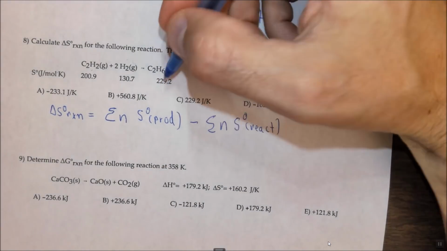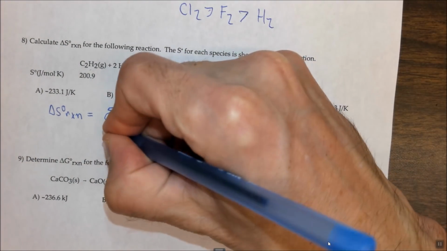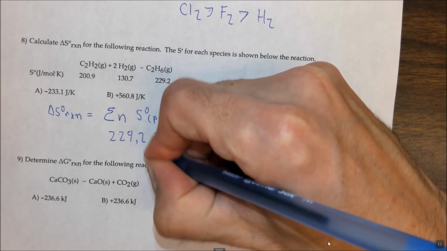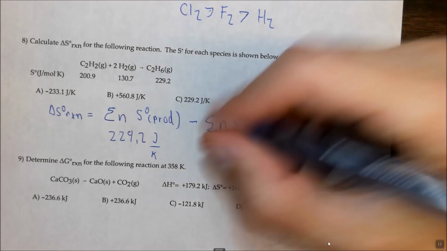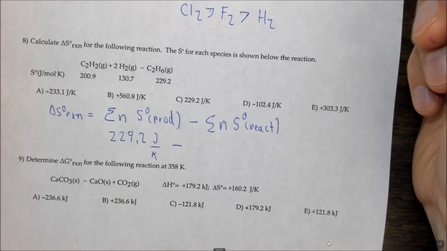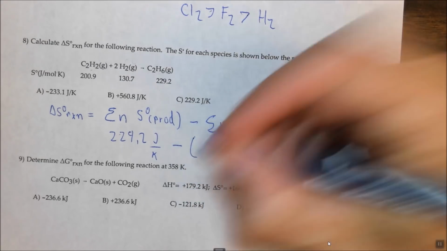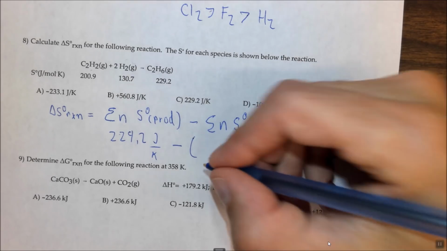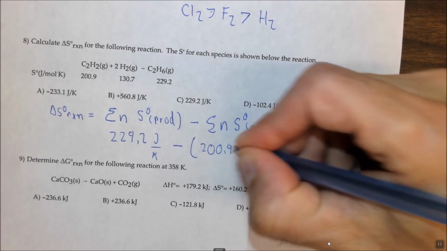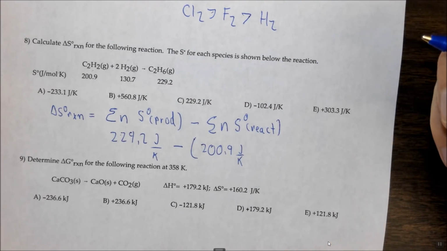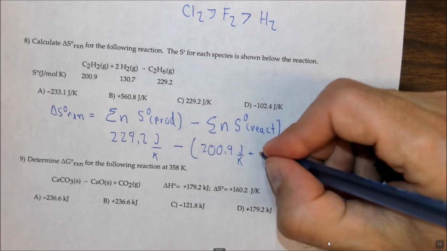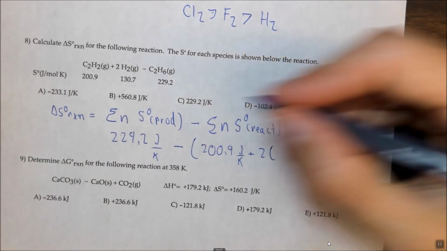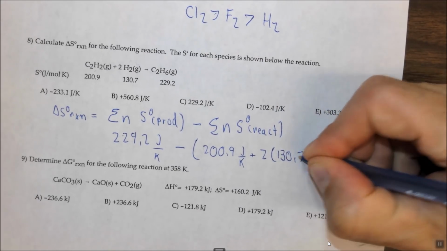The entropy here is 229.2 joules per K. Minus the reactants, the first reactant, C2H2, acetylene, is going to be 200.9 joules per K plus 2 times, why 2 times? 2 because there's 2 hydrogens, times 130.7 joules per K.